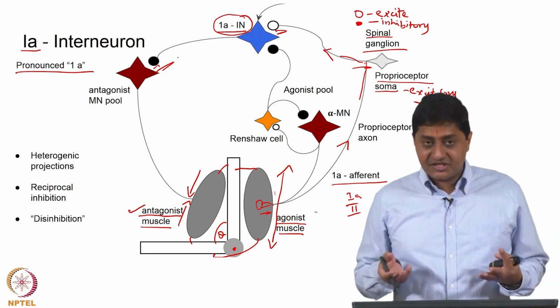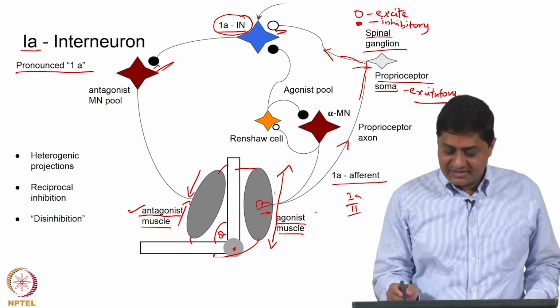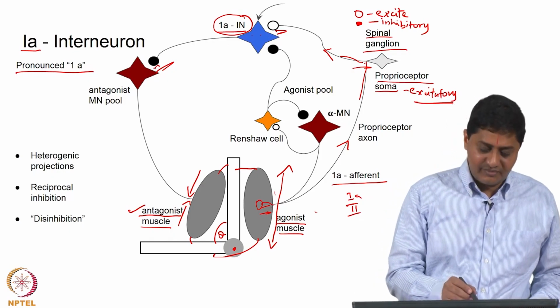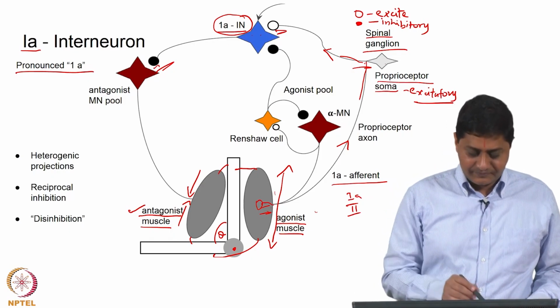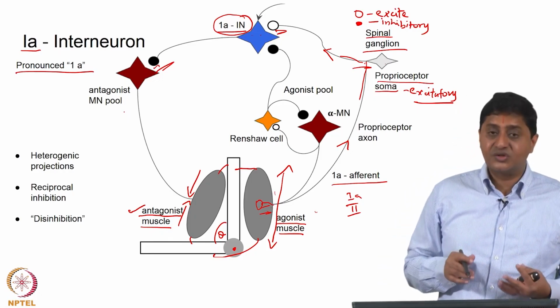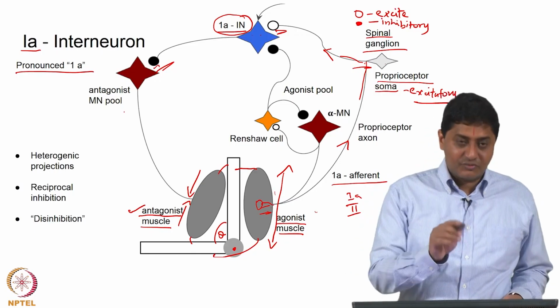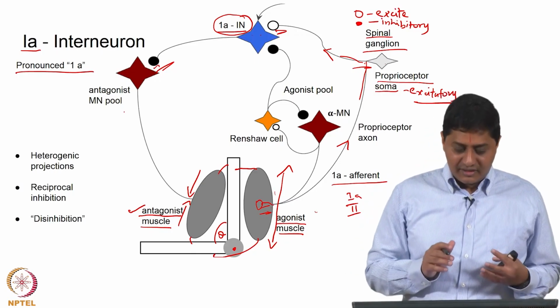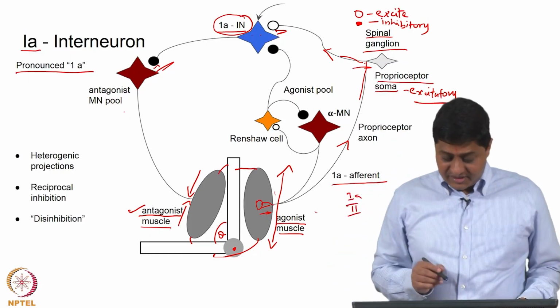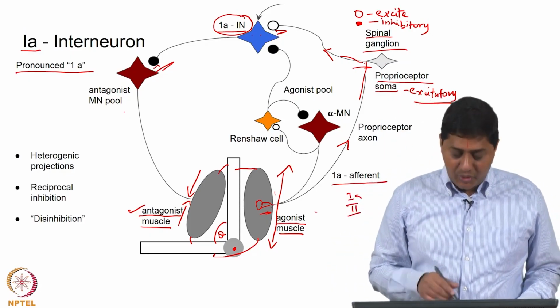So, as soon as the stretch comes, it sends the excitatory information to the 1A interneuron, which further sends an inhibitory information to the antagonist motor neuronal pool. So, regardless of what the source of stretching is, the antagonist motor neuronal pool will get inhibited to some extent.